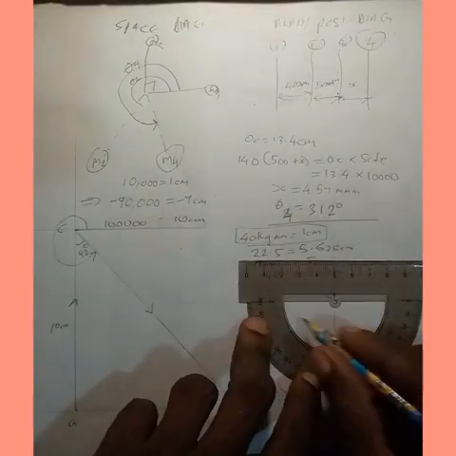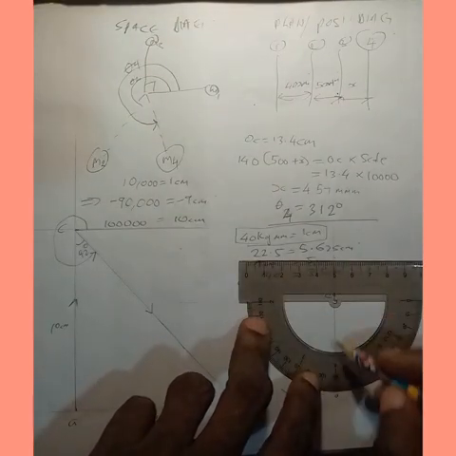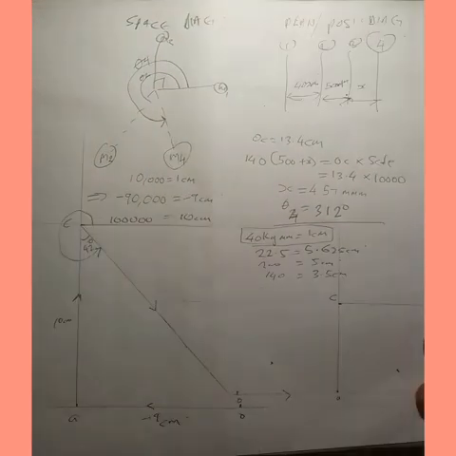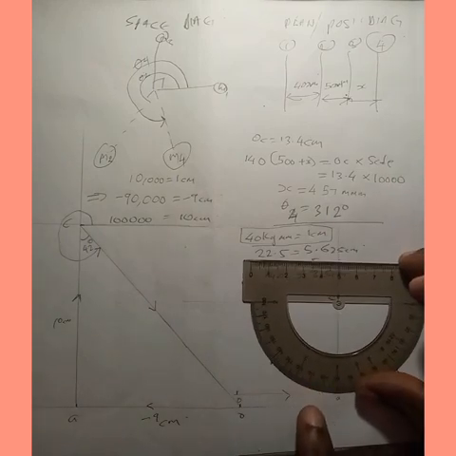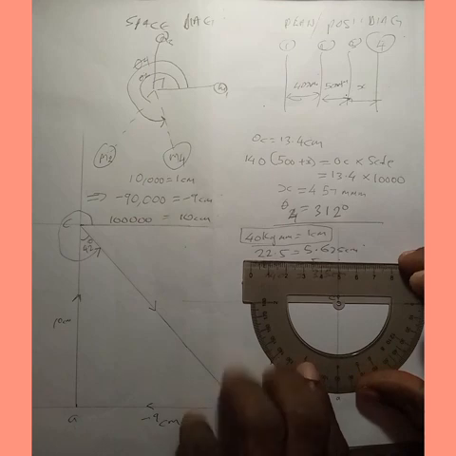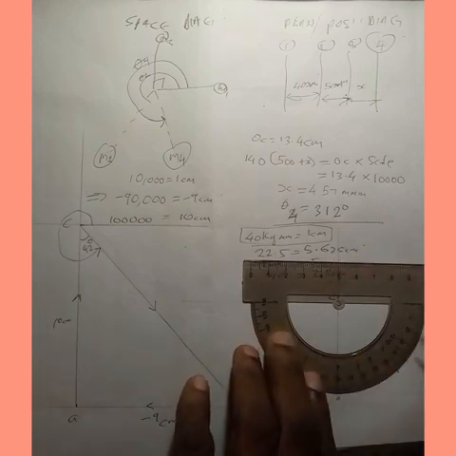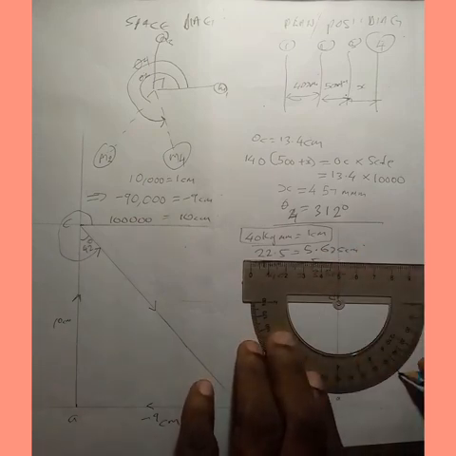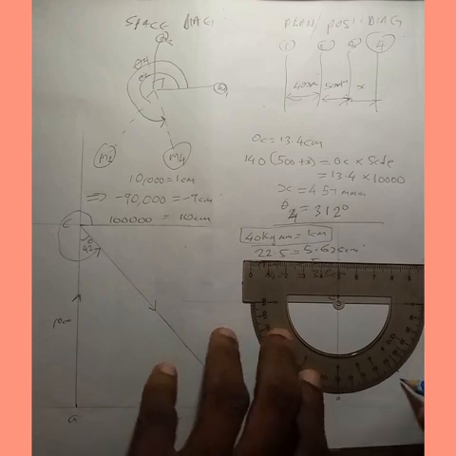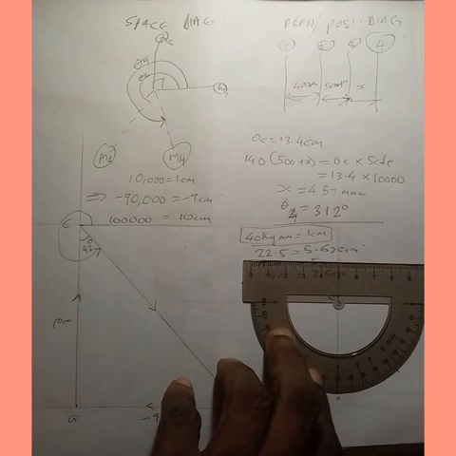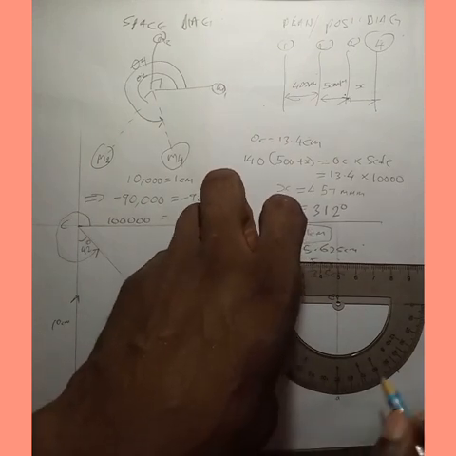Now that I have done the horizontal line, we place this 90. So now we can place this protractor and then measure 312 degrees. So that will be 42 degrees from this place.